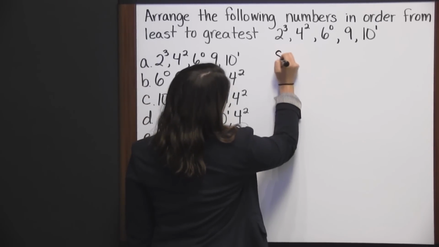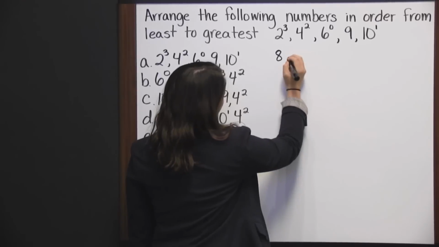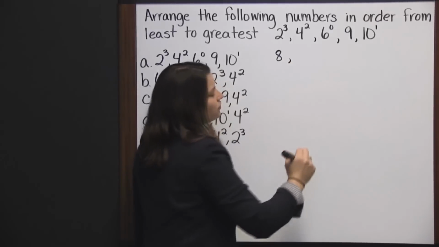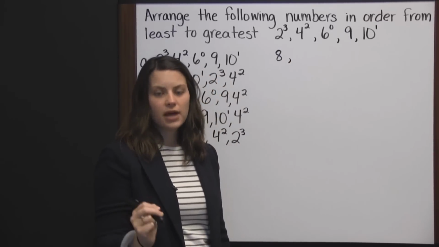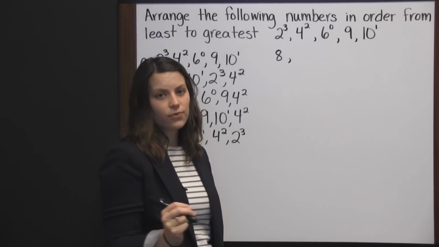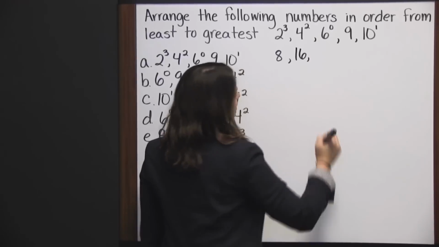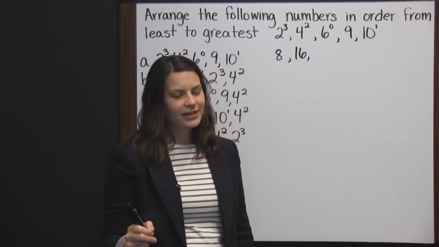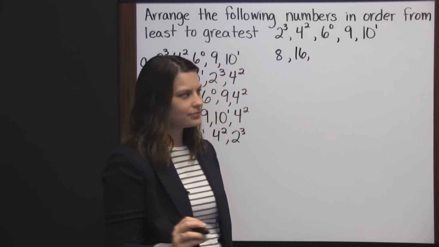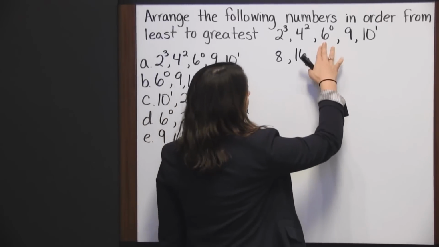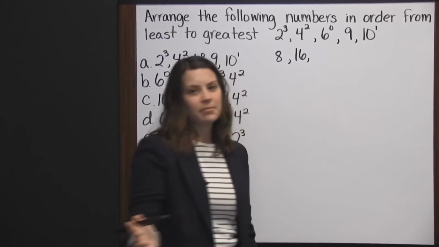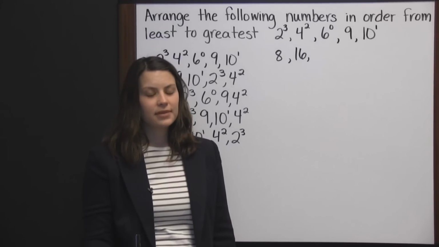So that is 8. 4 squared is 4 times itself 2 times. 4 times 4 is 16. Now this next one is very interesting because it doesn't matter what this number is. The base number doesn't matter.